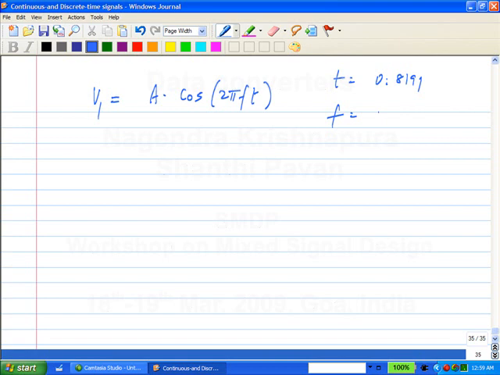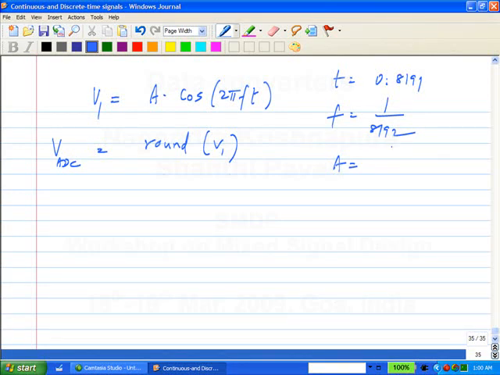Let's say you call this the ADC output. You simply round this off, and you take A to be some relatively small number, let's say 128 or something.